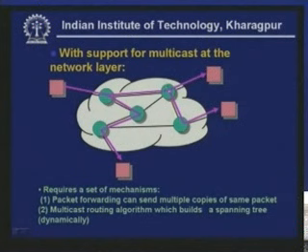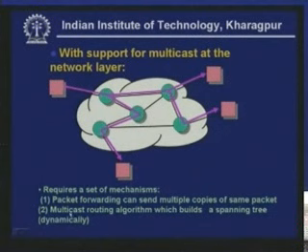It is receiving only one packet, but it has in its list that there are two sets of users for which the packet is supposed to go through this router. So it has to duplicate the packet, one for this link and the other for this link. It forwards multiple copies of the packet. This capability has to be there in the router. That is the first thing.